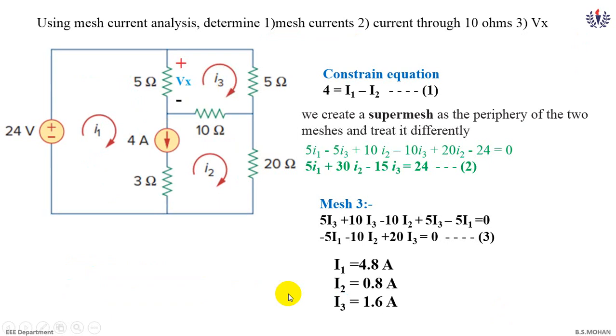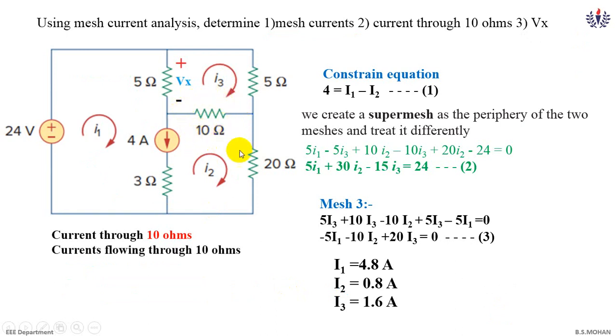Now let's find current through 10 ohm, right? Which all currents are flowing through this 10 ohm? The answer is I2 and I3. Now you can see they have not given the polarity, the direction of current. Preferably write the positive answer. So out of I3 and I2, which is greater?